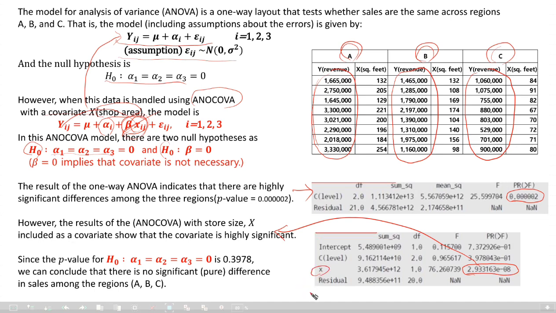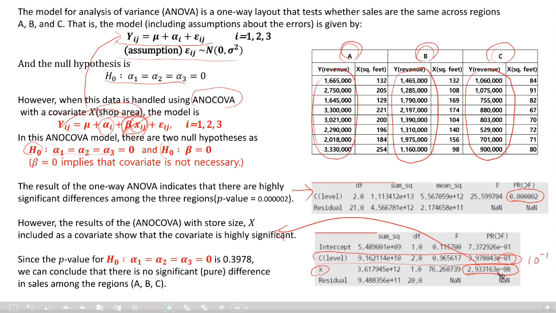And what about the other one? The p-value is 0.3978. E-01 means 10 to the power minus 1.